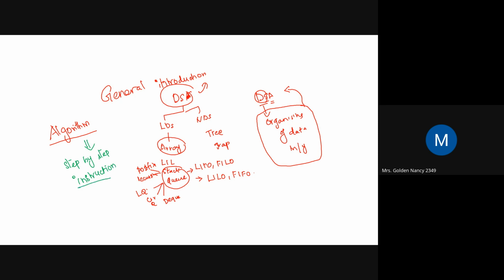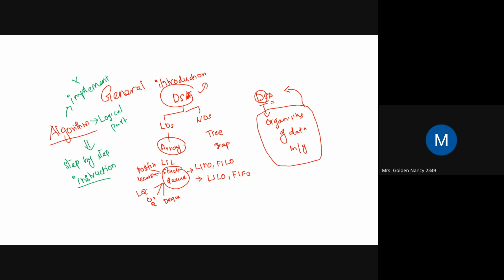It is not a program, it is not an implementation, but it is prior to an implementation. It just has the logical part of how your program is going to be. So the algorithm is a step by step instruction of how you are going to develop your program.